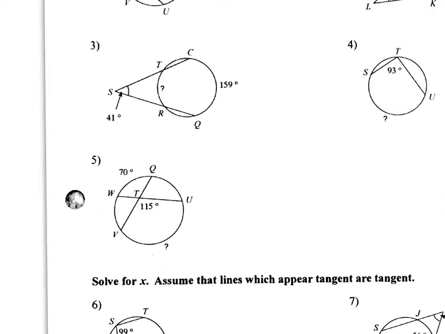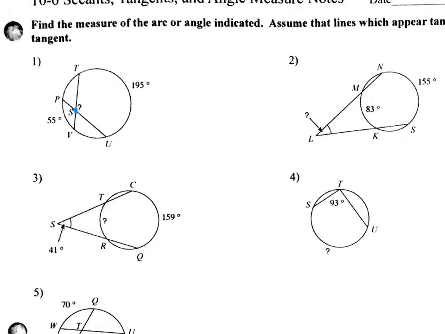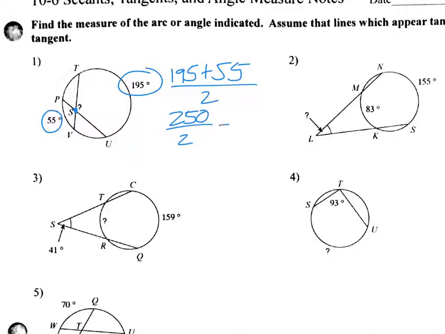So right here we're going to do big arc plus small arc divided by 2. If we do that, we get 250 divided by 2, which is 125.